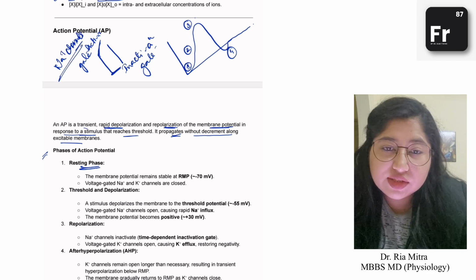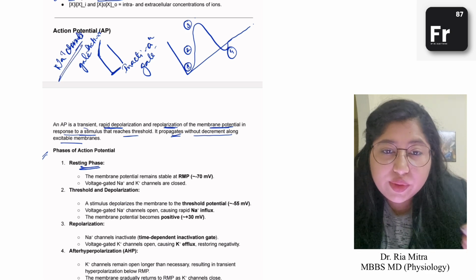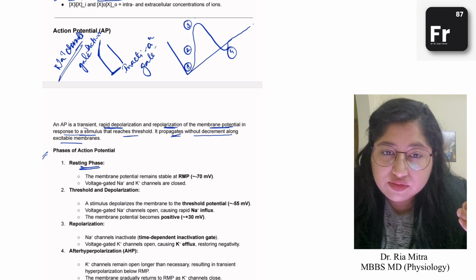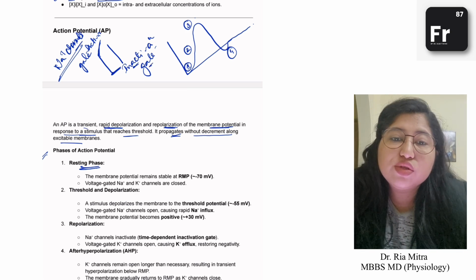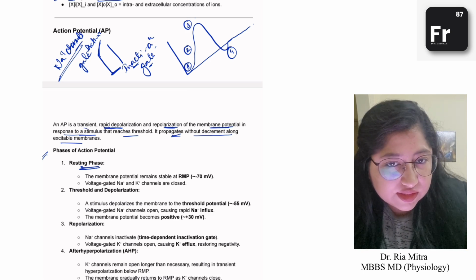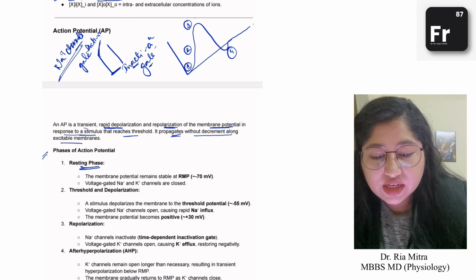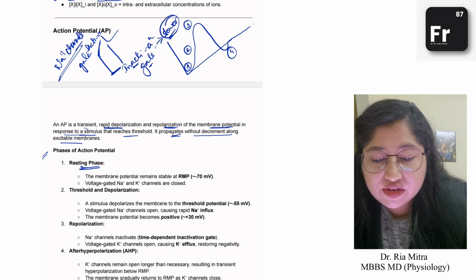Now the activation gates, they open quickly whenever there is arrival of a stimulus for depolarization. The inactivation gates also begin to close as soon as the stimulus arrives, but the difference is that they are slow, that is, they close slowly, while the activation gates are faster.